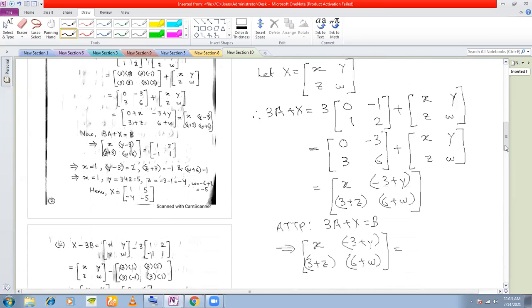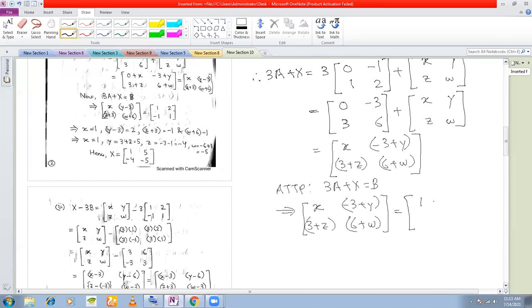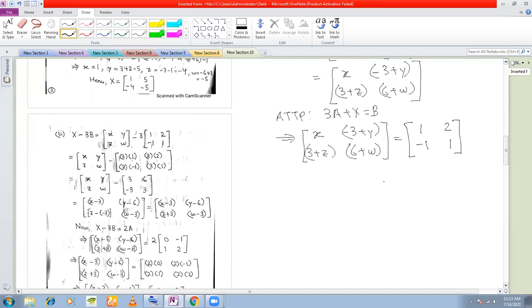Matrix B here is 1, 2, minus 1, 1. Now two matrices are equal, so equate the corresponding elements. So you get X is equal to 1, and you get minus 3 plus Y is equal to 2, and you get 3 plus Z is equal to minus 1, and you get 6 plus W is equal to 1.